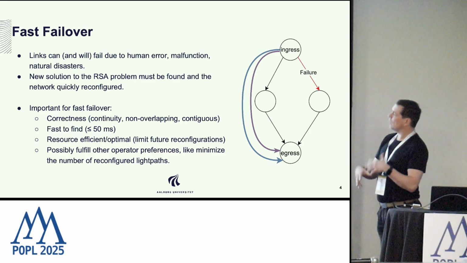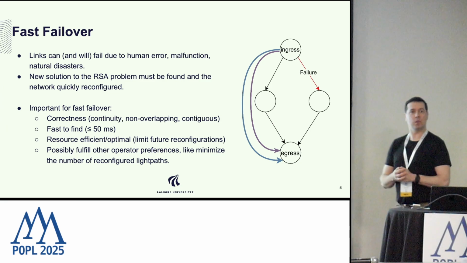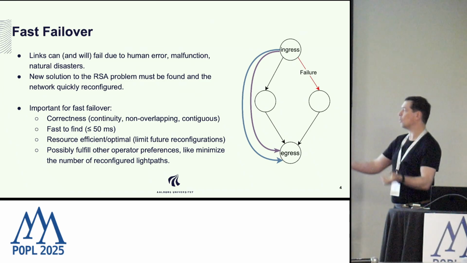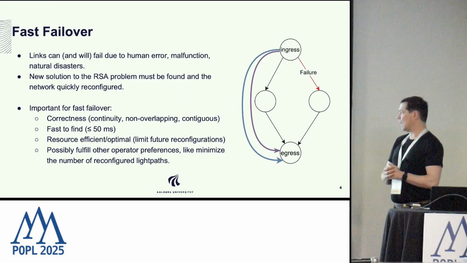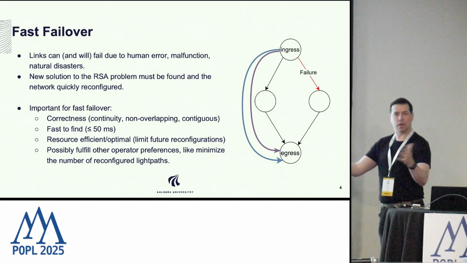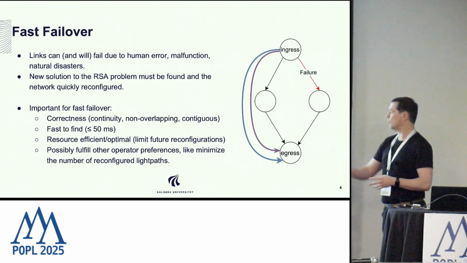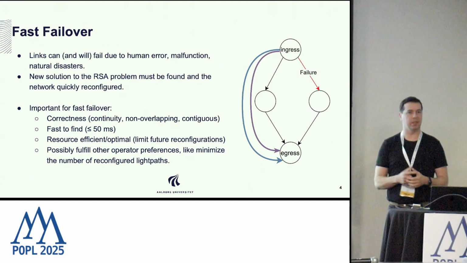We would also like to do it in a resource efficient or optimal way, because some of the configurations are better for future arriving demands than others. And possibly we would also let the operator choose, so offer a number of solutions. For example, they might want to minimize the number of light paths that need to be reconfigured in case of a link failure.